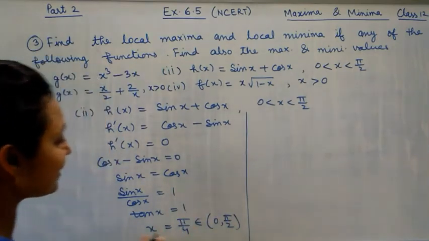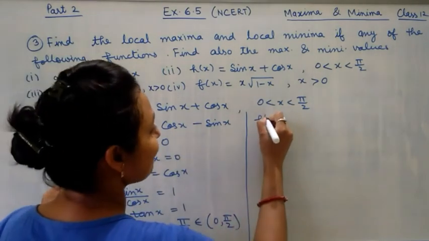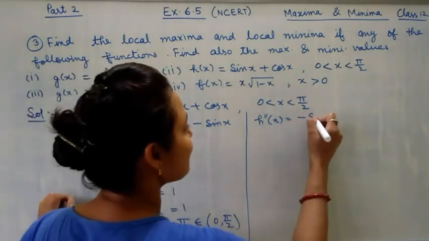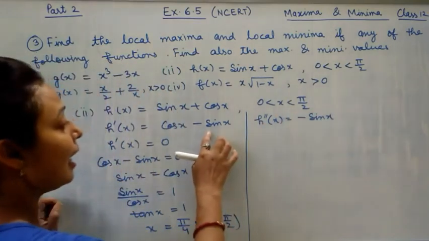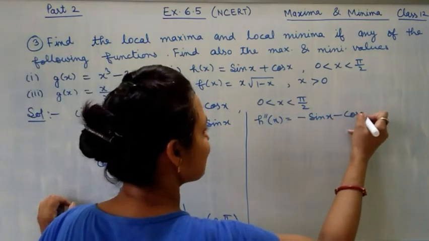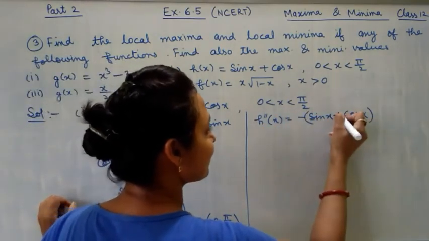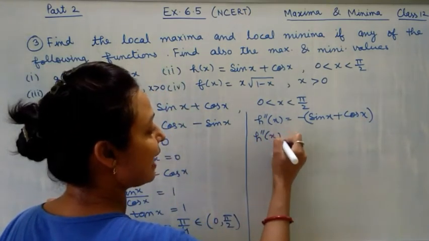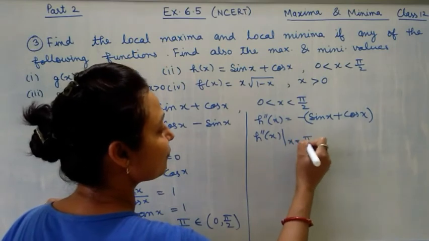Now we will find h double dash x. When you find the second derivative, it is minus sin x minus cos x, right? When I take negative common, it is negative of sin x plus cos x. I will check the value of this at x is equal to pi by 4.